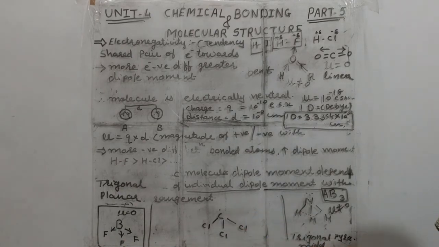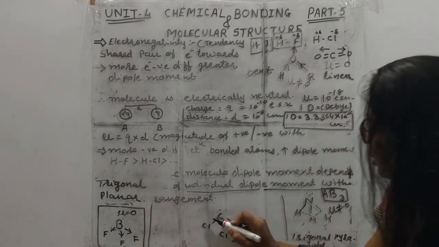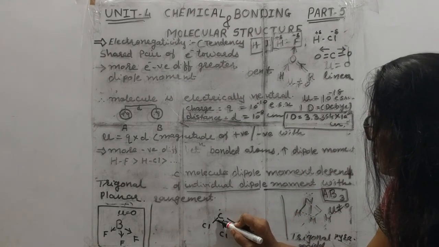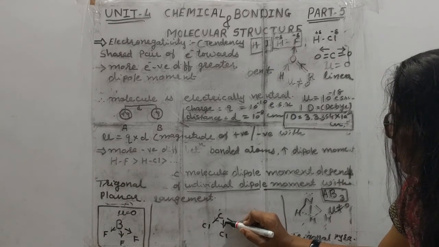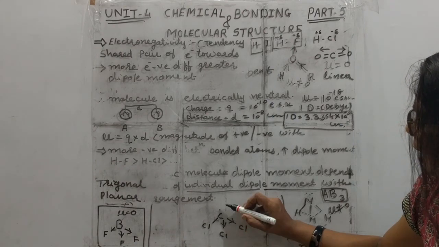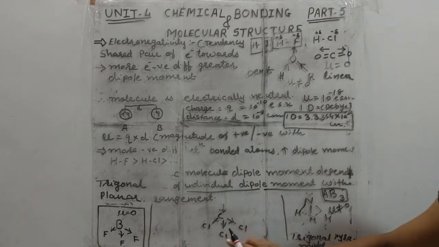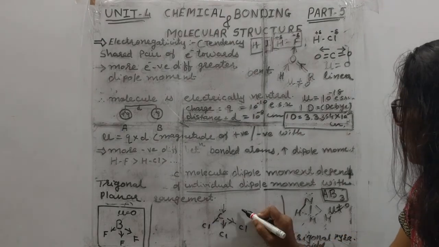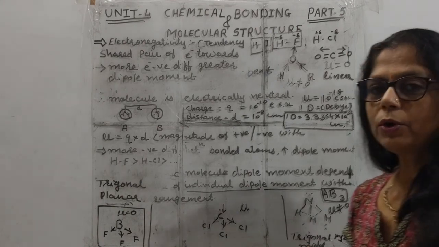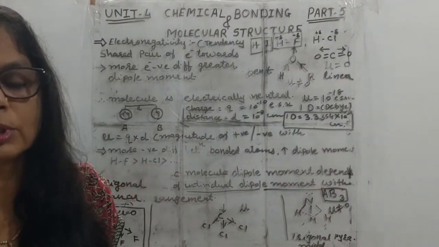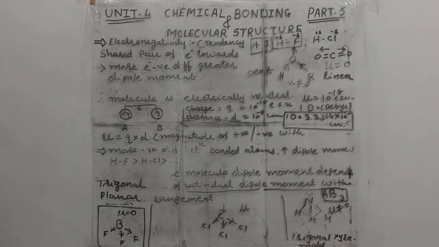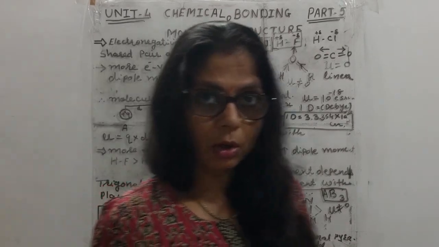So the chlorine is more electronegative, student. So what does this chlorine do? It takes the shared pair of electrons towards itself, and this electron also will be attracted towards the chlorine. So here if we think, what is your answer, students, about the mu of this? Is it equal to 0?